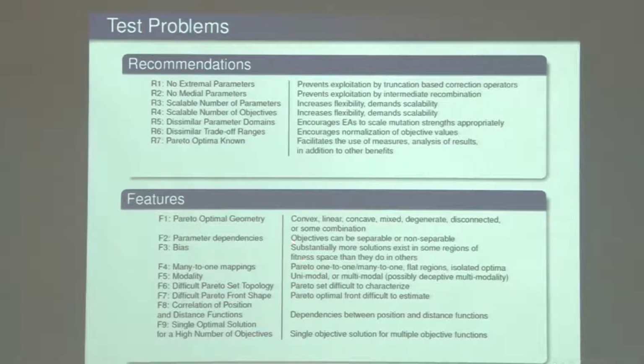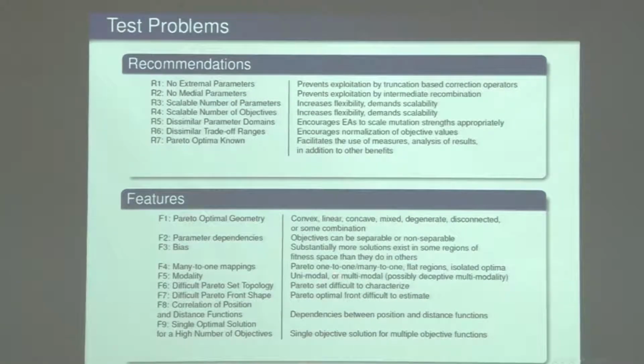So features. Pareto optimal geometry should be convex, linear, concave, mixed, degenerate, disconnected, or some combination of them. Parameter dependencies. Objectives should be separable or non-separable, so you should have both in the benchmark. Bias. Substantially more solutions exist in some regions of fitness space than they do in others.